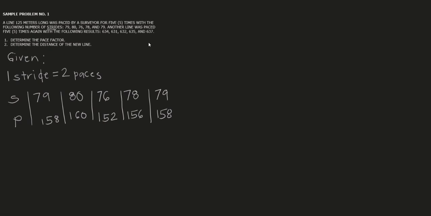Ayan. So, para kunin naman natin yung determine the phase factor. So, PF, phase factor. Sulat na lang natin yung formula. Ayan. Phase factor. Para makuha sa atin yung phase factor, which is meter per phase, diba?